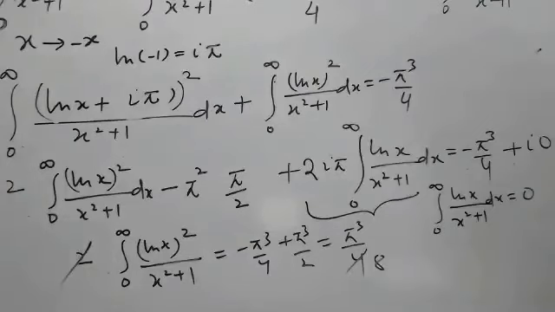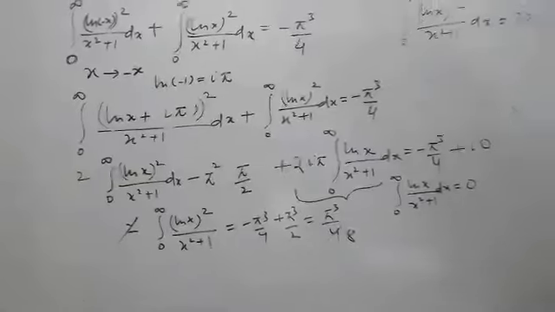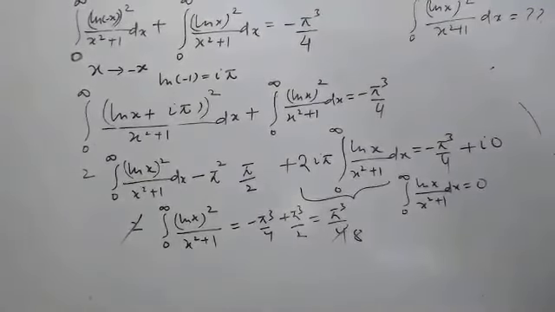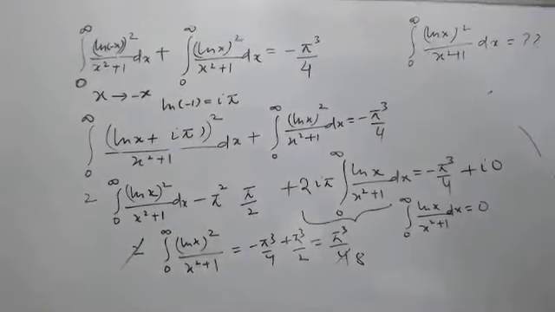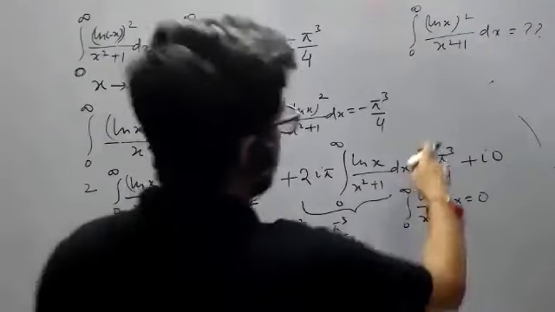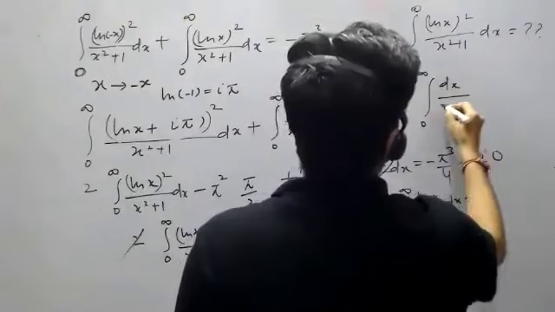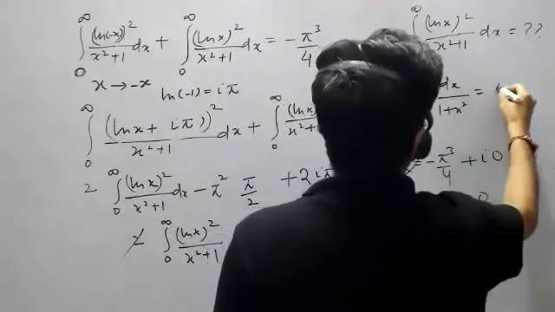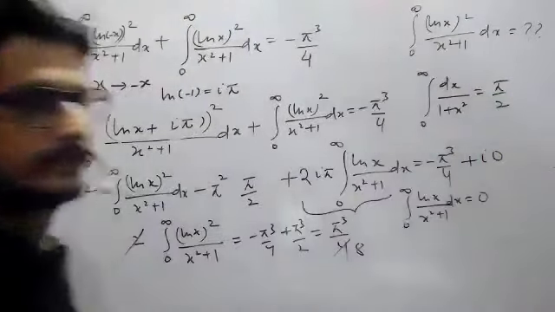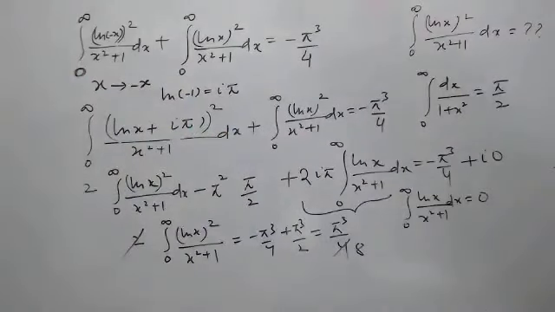I hope you like the question. If there is any doubt you can ask. Feel free to ask. I use this integration, which you know, plus 2 integration dx upon 1 plus x square as pi by 2. You can also solve this using contour integration, but why will you waste time? Tell me if there is any doubt at any step.